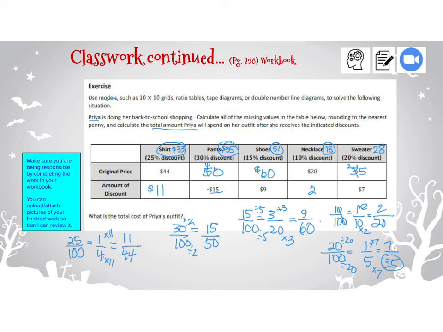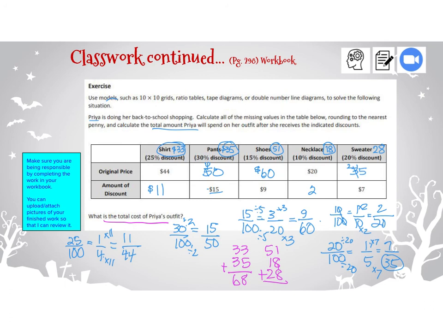Now all I need to do, I'll go in here and get this other color. I'm going to add all those up to find the total cost of her outfit. So I get 33, and 35, and I've got 51, 18, and 28. I'm taking all those numbers above, and I'm going to add. I don't have very much room. So there's an 8, and there's a 6.